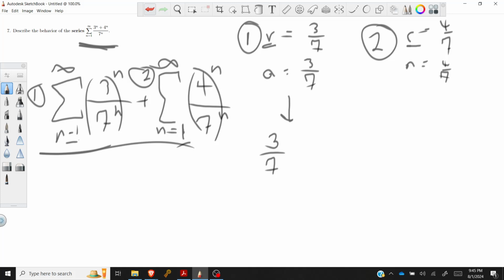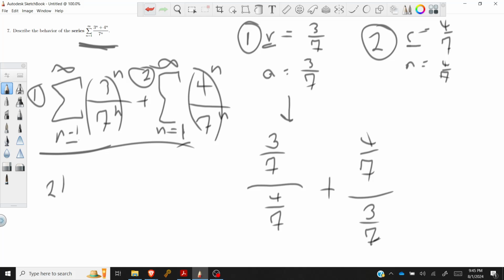So let's plug it into the equation. 1 minus 3 over 7 is equal to 4 over 7. We're going to add 4 over 7. 1 minus 4 over 7 is 3 over 7. So let's see what this is equal to. It's going to be 7 times 3 over 7 times 4.